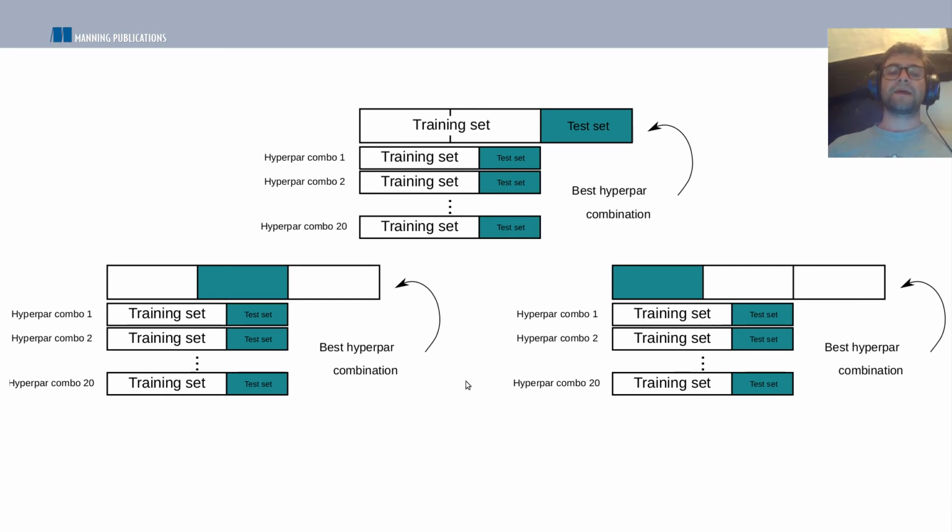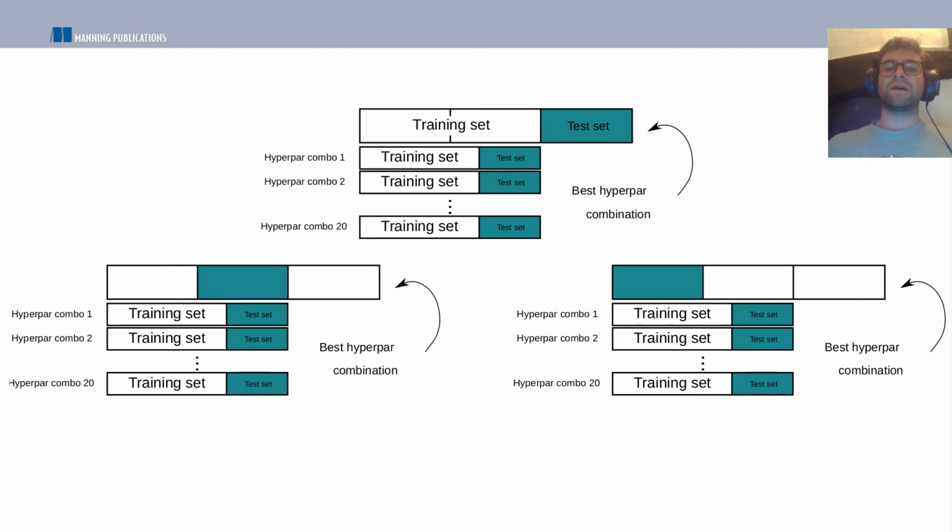And so what we end up with is, instead of just 1 measure of model performance on 1 test set, we have 3 measures. Okay, and then what people will usually do then is take the aggregate or the mean performance measure across those models, and this has a couple of advantages over the simple training validation test set paradigm.